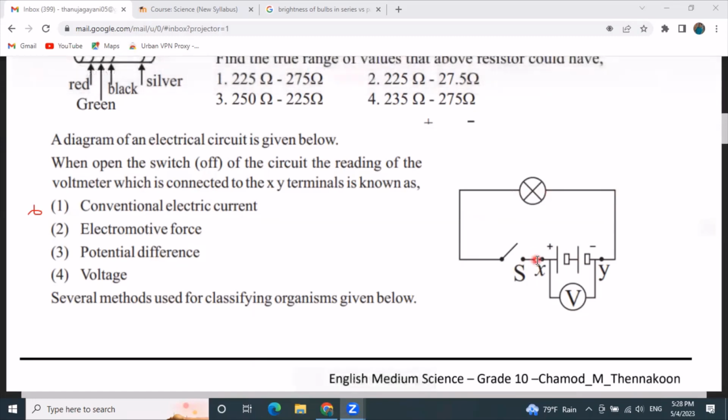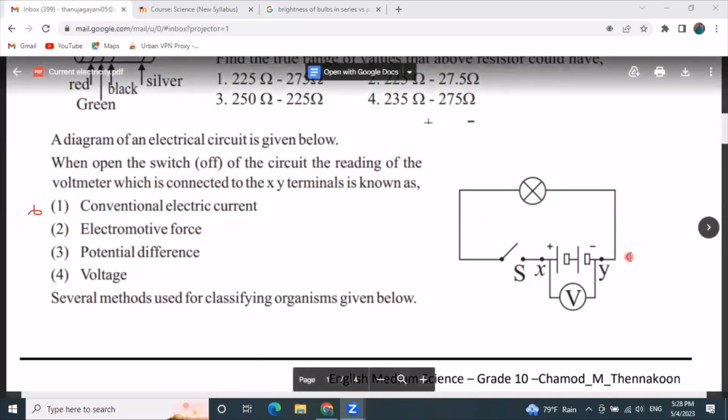So to measure the electromotive force, we can't measure it by connecting a voltmeter between the positive and negative terminals. We can't measure it. Third one, potential difference.